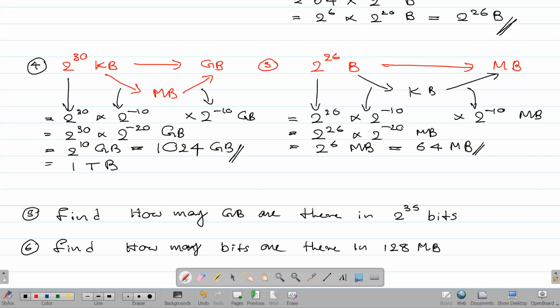Hit me. And Utkarsha, your second one is correct. Third one, it is having a little mistake. I think it's the conversion between bits to bytes.